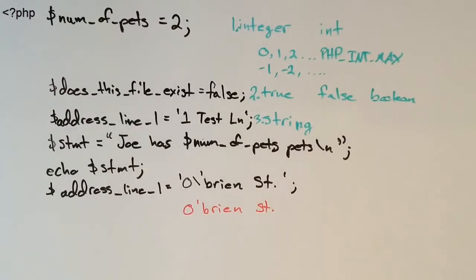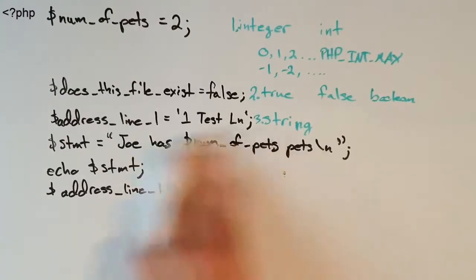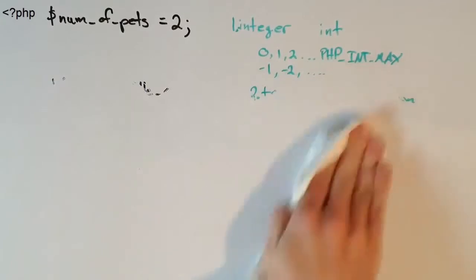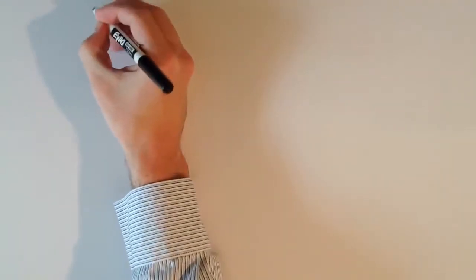Two more types to talk about. Another variation of numbers are what, in other languages, are referred to as floating point numbers or doubles. And in pure mathematics they're also called fractions.